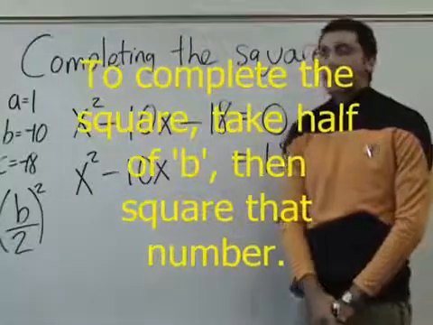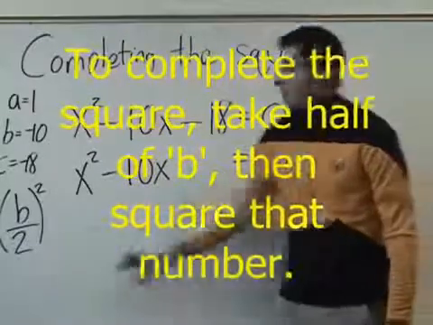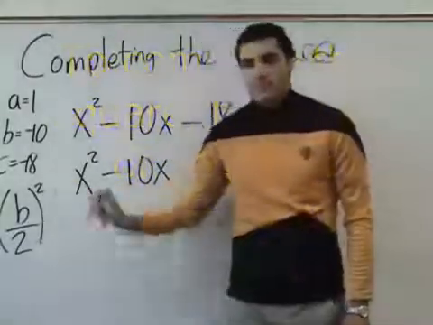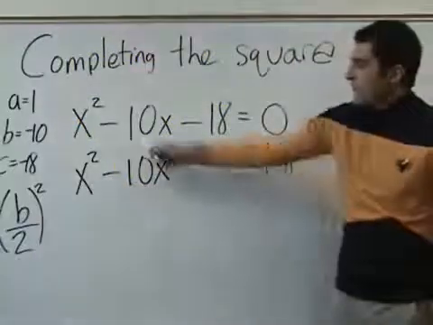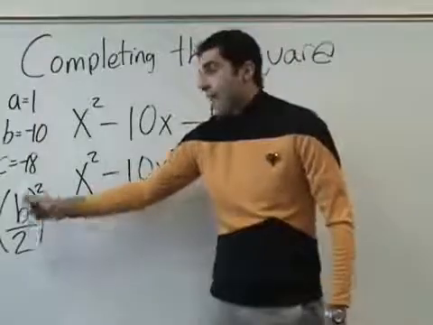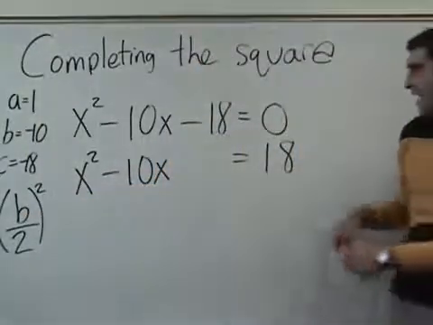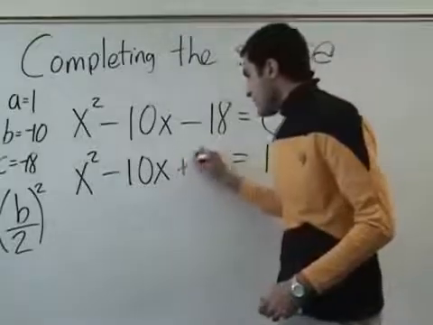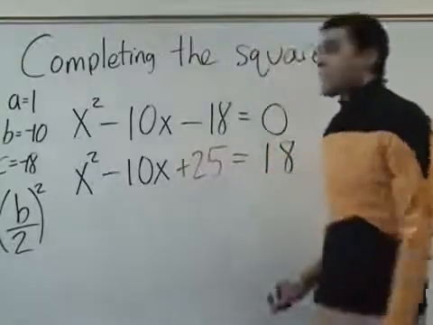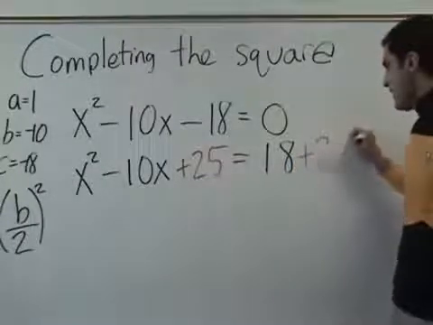Every time, this number will be B over 2 squared. So we take B, negative 10 divided by 2, that's negative 5, negative 5 squared, 25. So we add 25 now. To both sides? Whatever you do to one side, what must you do to the other side? Same. Add 25 to both sides.